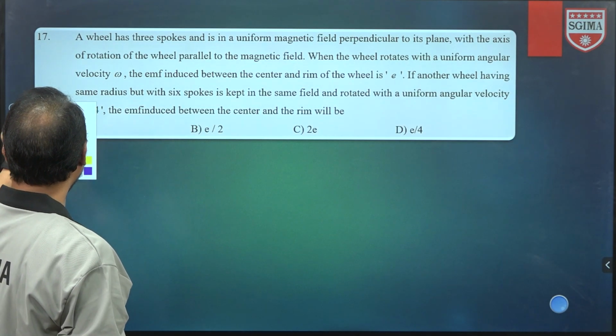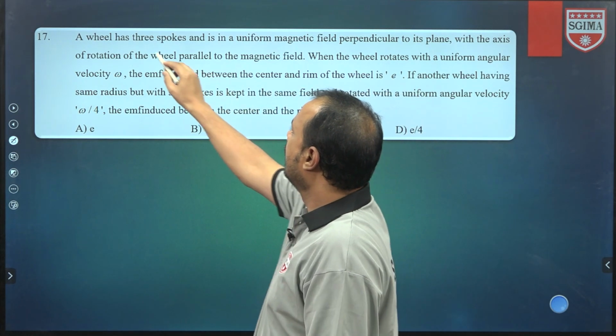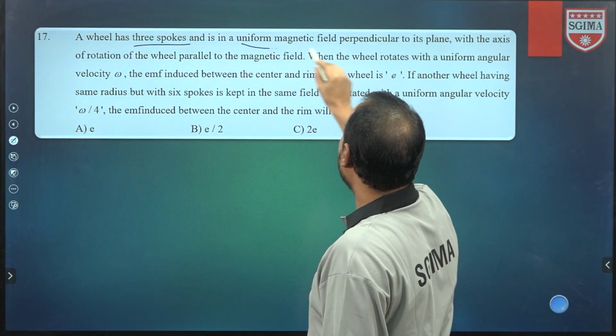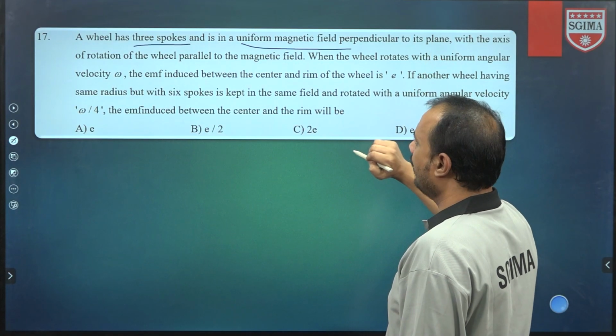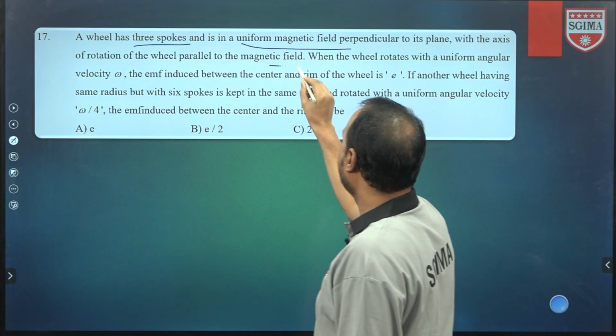Next, question number 17. Here the question is, a wheel has 3 spokes, in a uniform magnetic field perpendicular to the plane, and the axis of rotation of the wheel is parallel to the magnetic field.